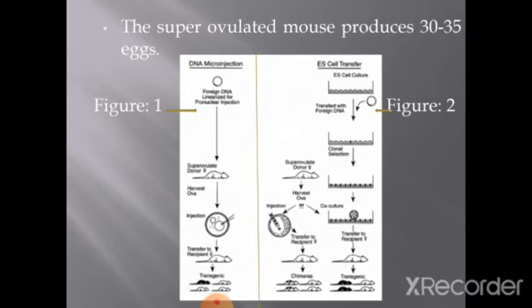For that, they should be mated with male ones, but the male ones should have been vasectomized. Vasectomy is surgical removal of the vasa deferentia. That is a sort of family planning operation, as you say in humans. So the males should be vasectomized. They must be infertile. They should not be able to fertilize the eggs, though they copulate with the females.